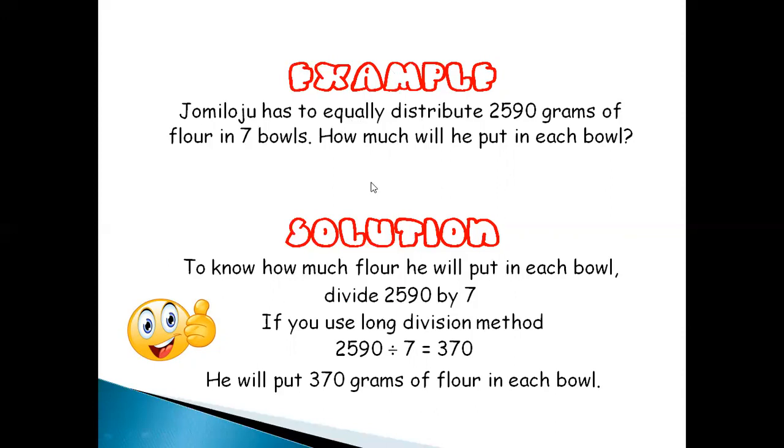For me to know how much flour we put in each bowl, I'm going to divide this 2,590 divided by the 7. So you can use your long division method to do this division, and this is what you get, 370. So he will put 370 grams of flour in each bowl.